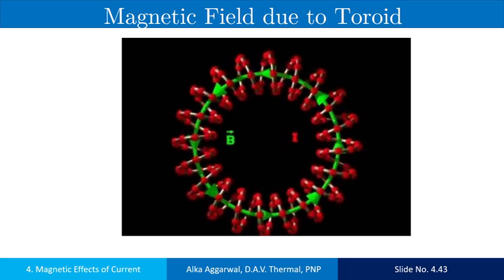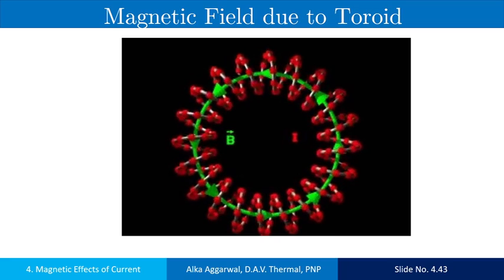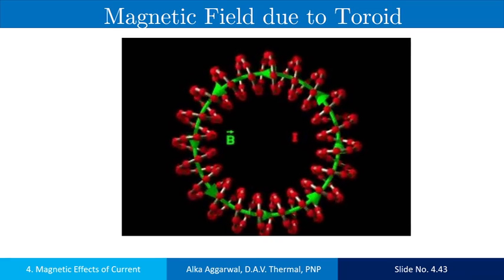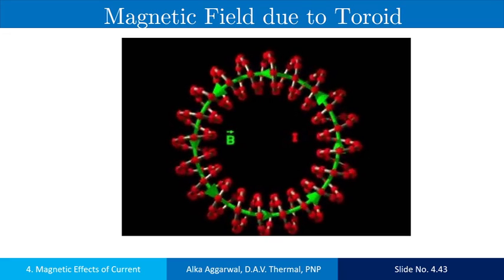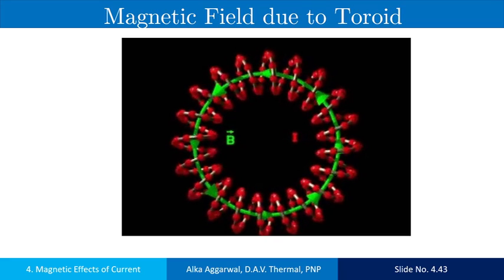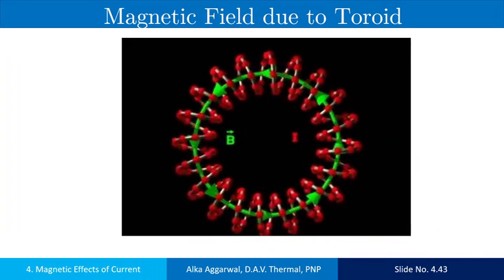Now we discuss the toroid. The toroid is shown. A toroid is nothing but an endless solenoid. Now see, it is a hollow circular ring on which a large number of turns are closely wound.